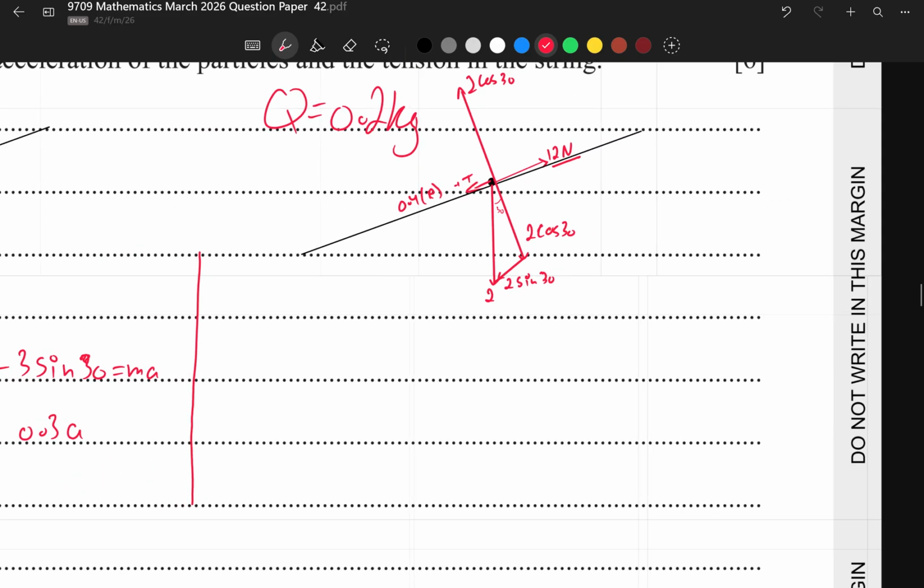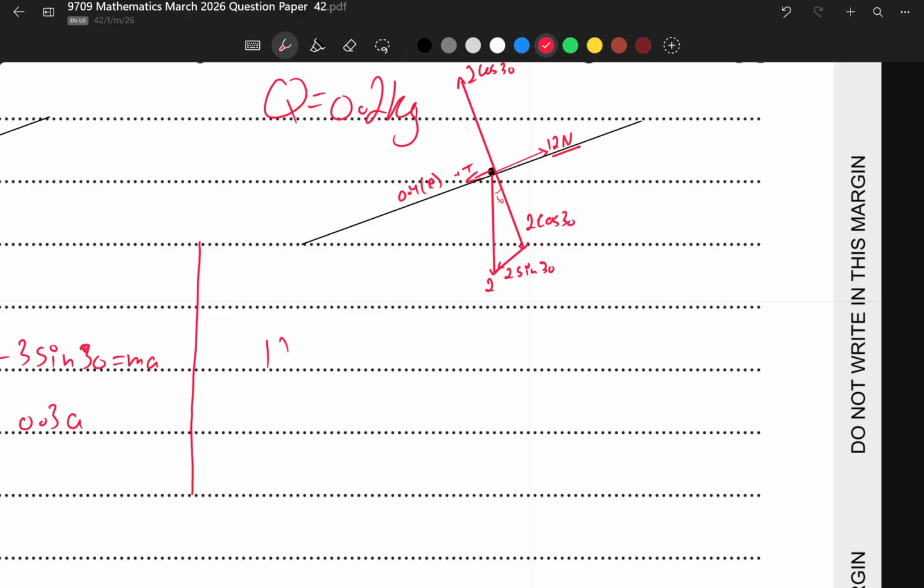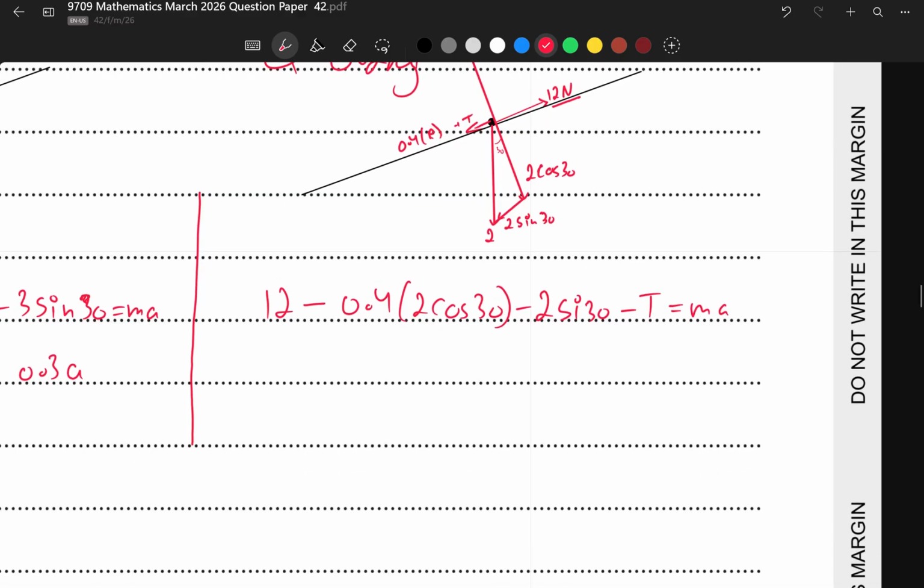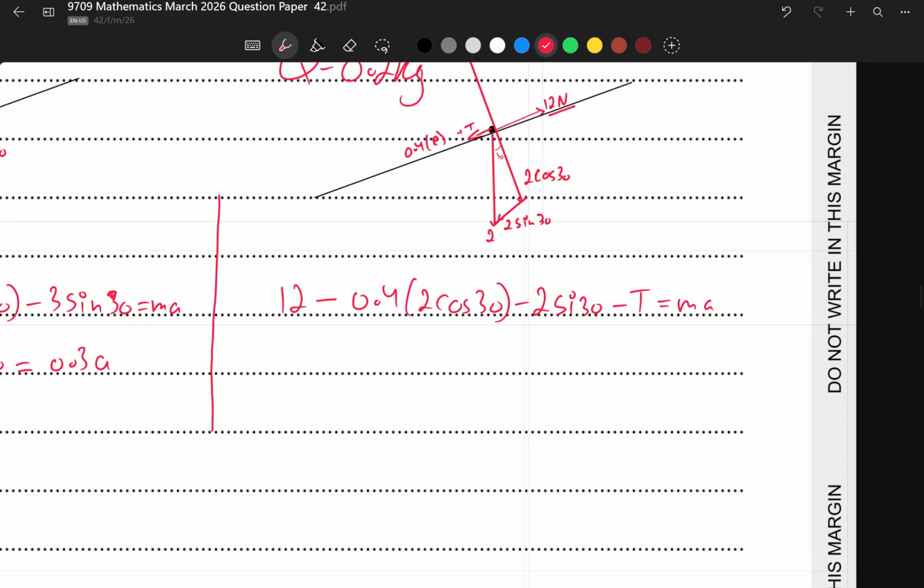Let's make an equation from this as well. So 12 newtons, the driving force, minus 0.4 times 2 cos 30, minus the component of weight, which is 2 sin 30, minus tension is equal to MA. Equate this, you will get 12 minus T minus 2 root 3 divided by 5 minus 2 sin 30 is equal to 0.2a.